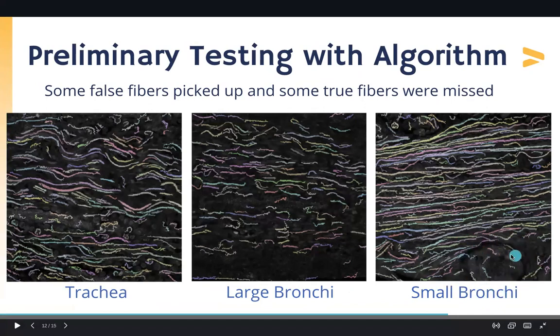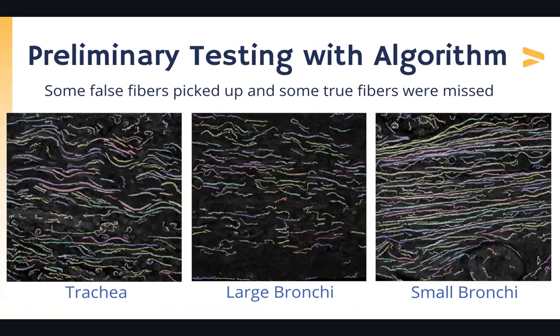This circular glob right here is actually a part of the cartilage, which should not be showing these collagen fibers. However, you see these lines right in here are counted as fibers, and they should not be. Conversely, within our large bronchi here, you might see some lines in the background that are faintly gray, and those should be included in the quantification and are not being included.